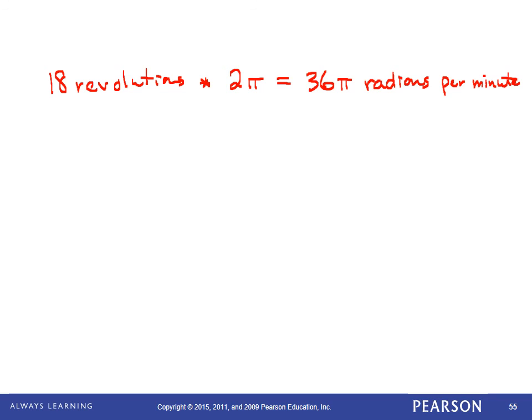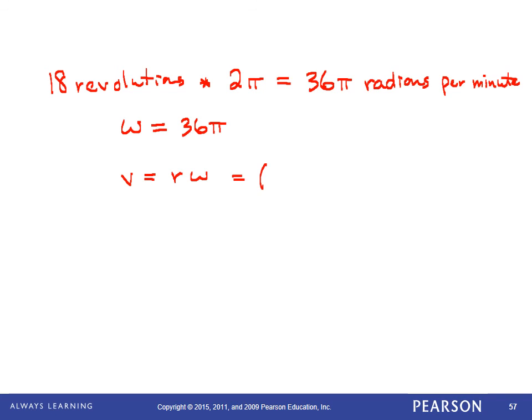All right, what do we know about this? We know omega is equal to 36 pi. Once that is set, then we plug into our formula here. So velocity is equal to radius times omega.